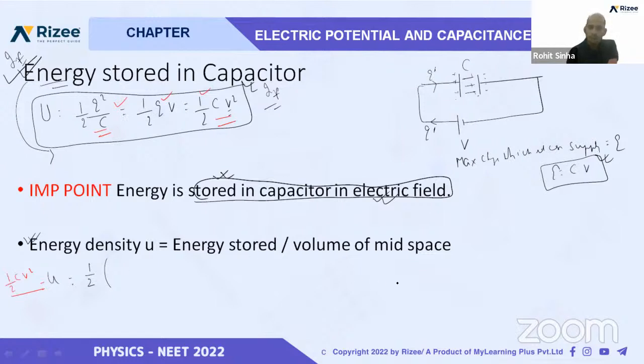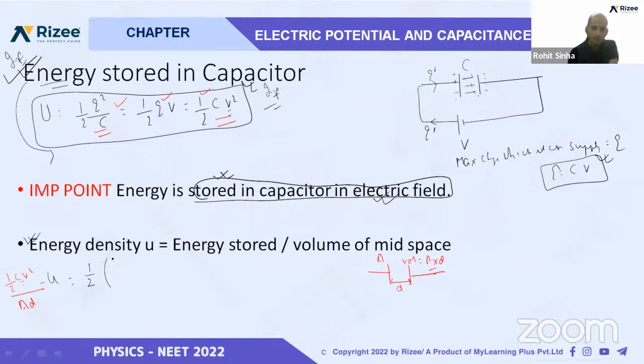What is the volume for a parallel plate capacitor? If it is having area A and distance between the plates is D, then its volume will be area into distance D. We will divide here, and after dividing this, we can solve like this.